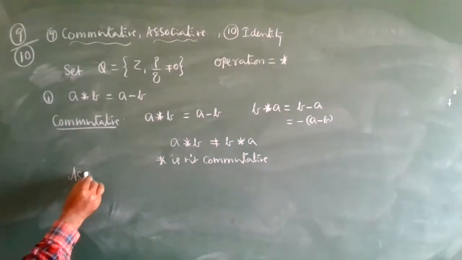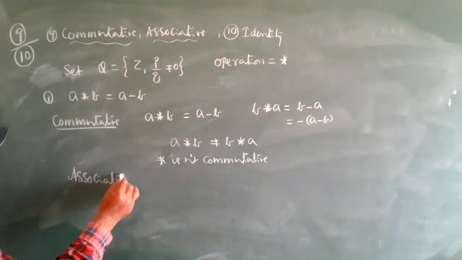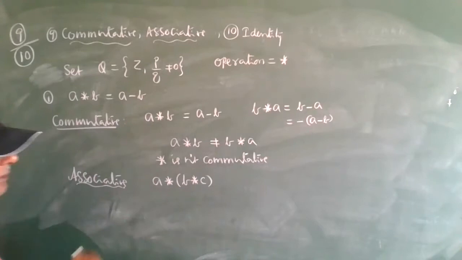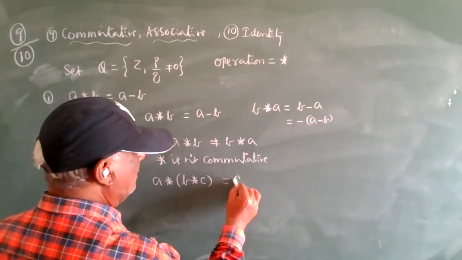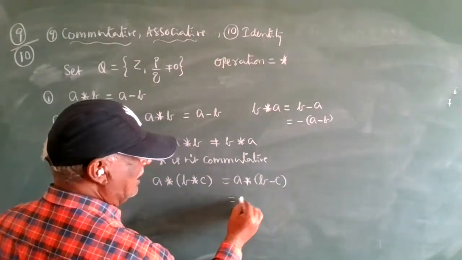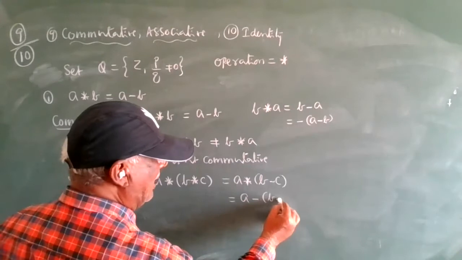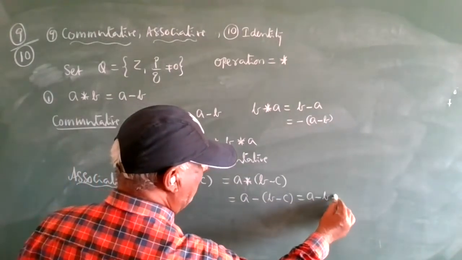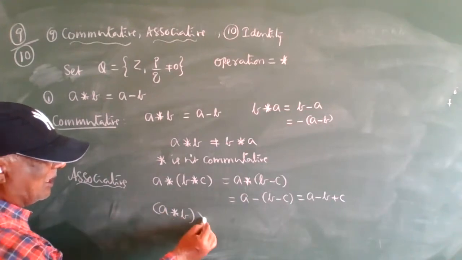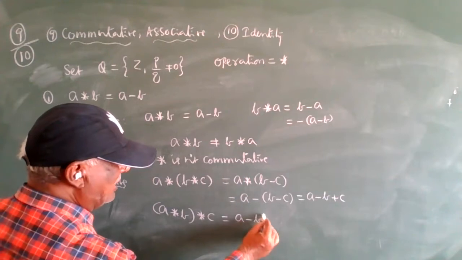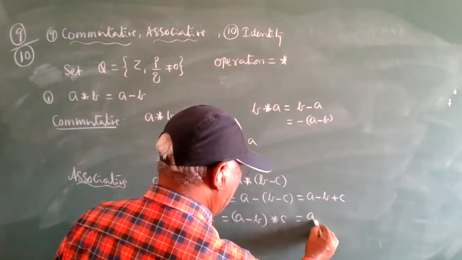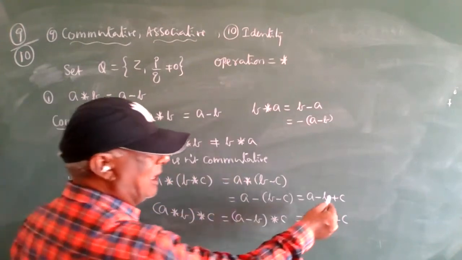Right. Associative, check it everyone. A star bracket of B star C: first, B star C is B minus C. Next, A star that is A minus of B minus C, which is A minus B plus C. Next, bracket A star B, star C: A minus B star C. First element minus second element, A minus B minus C. Both are not equal.